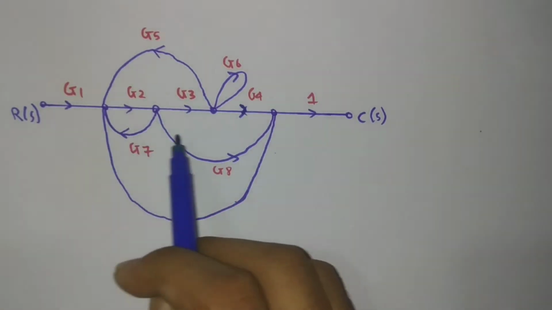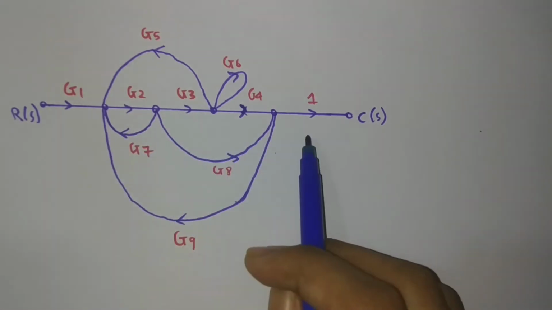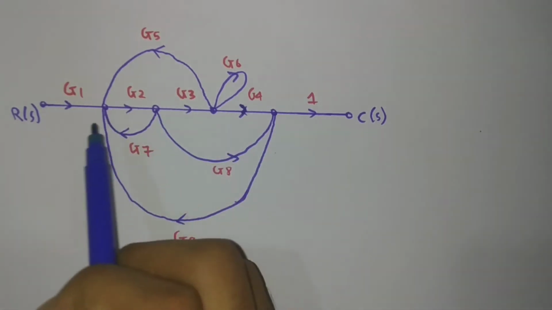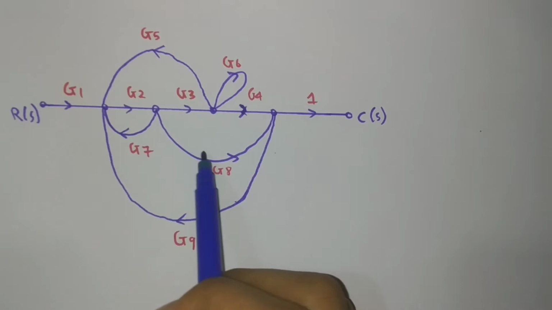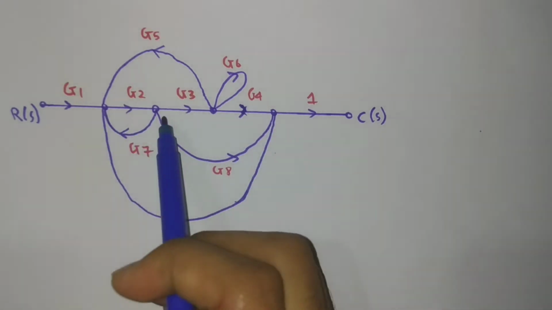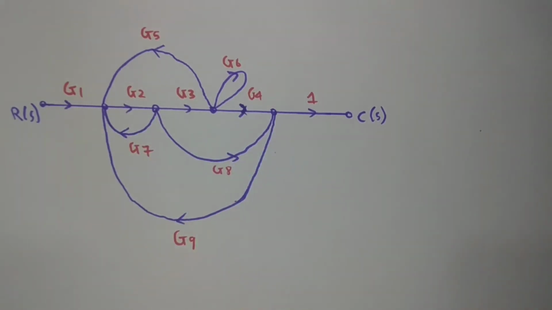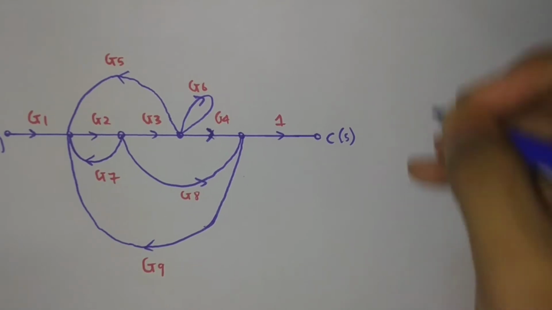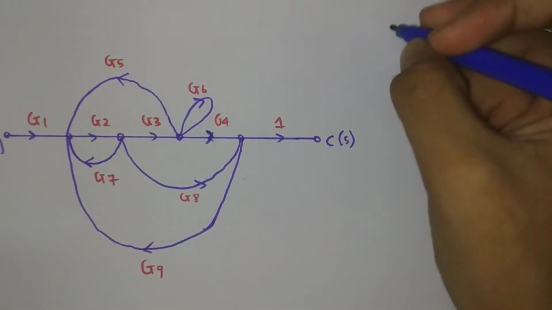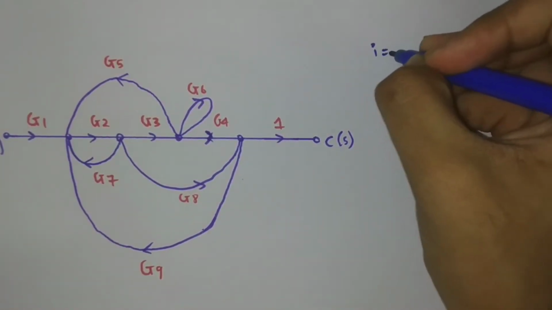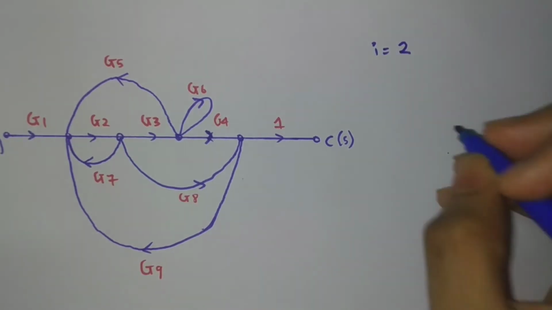So this is the first forward path. Now there is another forward path, that is G1, G2, G8. This is the second forward path. So the number of forward paths in this sum is 2, so we write I equals 2.